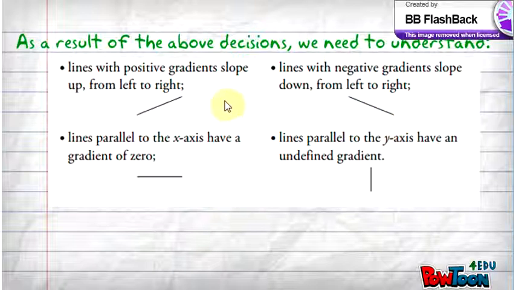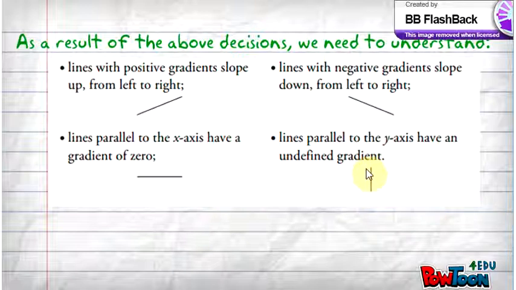And the other two points: lines parallel to the x-axis have a gradient of 0 because there's been no change in the y. y2 minus y1 is 0. So 0 divided by anything is 0. So the gradient of this line is 0. And the gradient of a vertical line is said to be undefined because there's been no change in the x coordinates, so you would be dividing by 0, which you can't do in maths.